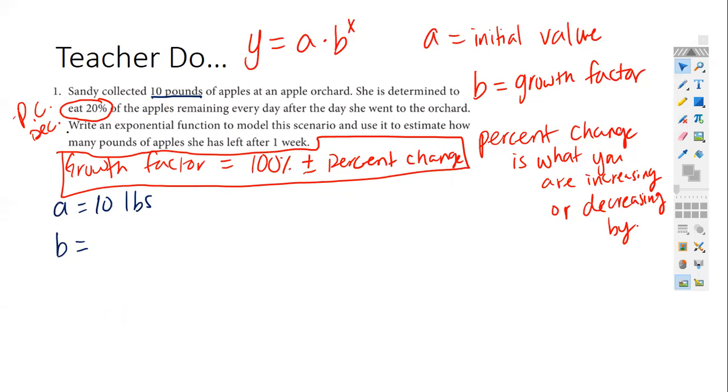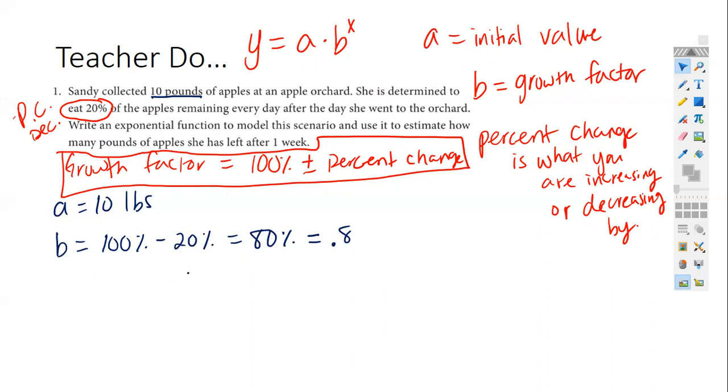And what is our percent change? And we set it to what? It's negative. Why is it negative? It's a decrease. So our growth factor is going to be 100% minus 20%, which leaves us as what? 80%. And how do I write that as a decimal? 0.8. Are y'all with me? Have I lost anybody?